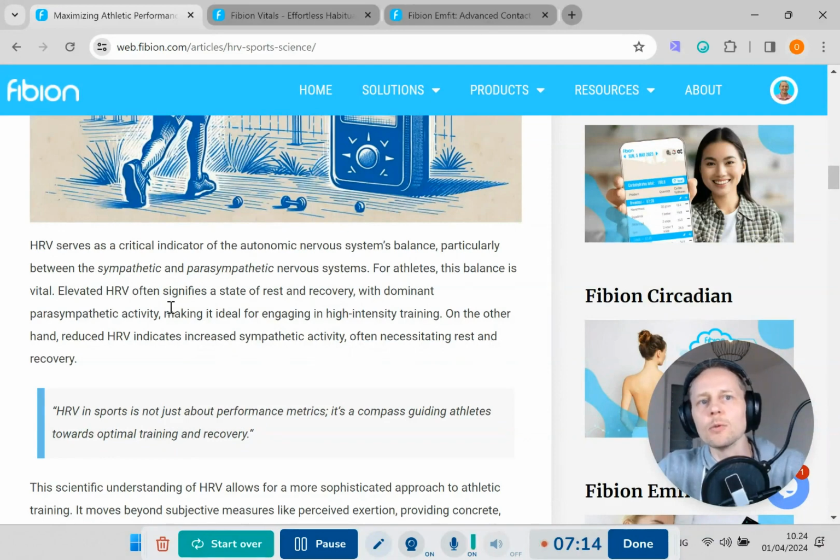But right away, when we are finishing the training, we should get parasympathetic activation, so that we start recovering. And some athletes are using, for example, breathing exercises right after training to indicate to the body that there is no fight or flight anymore. Now it's time to recover. I'm not sure if there are good studies on this one, but I think it makes sense, especially in more intensive sports.